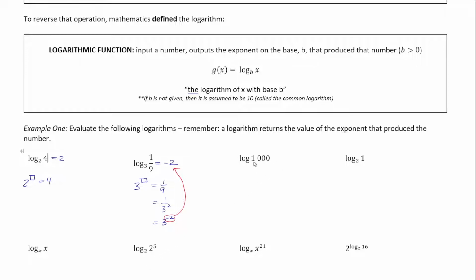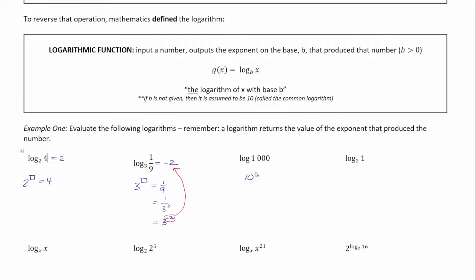Let's keep going over here. If you have to pause the video at any time to copy the note, just pause it, copy the note, and then keep going. So over here we don't have a base, right? And it says if b is not given, it's assumed to be 10, which is called the common logarithm. So this right here, we know that the base is 10 because it's not provided.